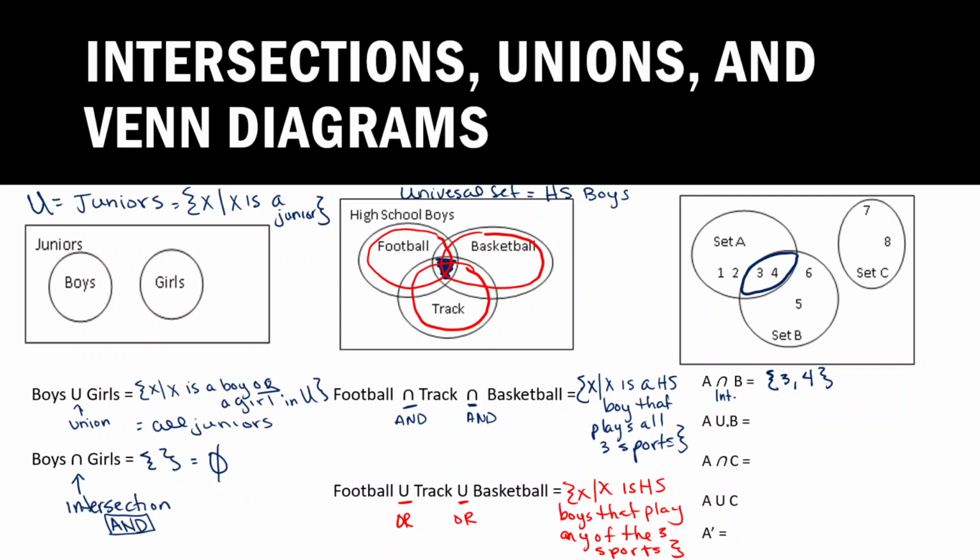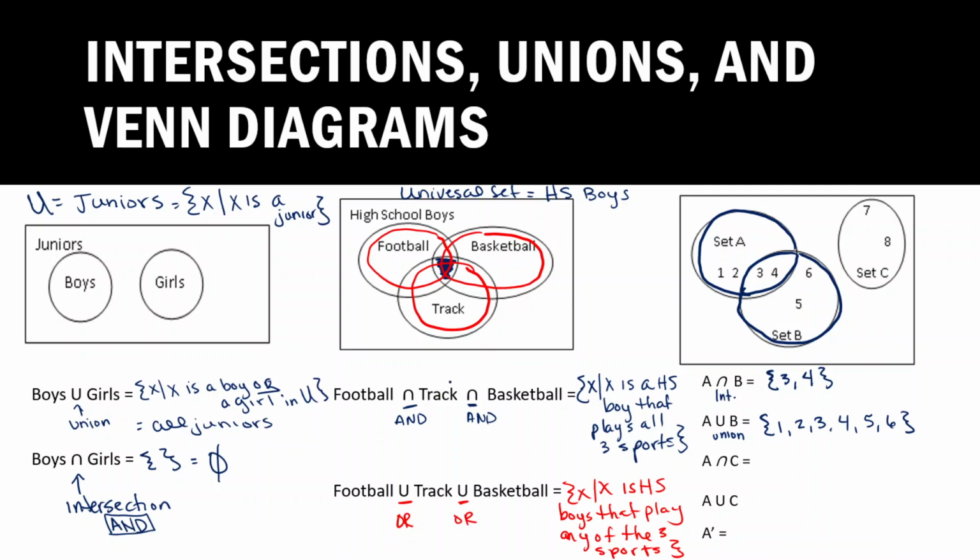If I want the union, if I want to do A or B, now I'm going to take all of A and all of B, and I'm going to list all of those. So 1, 2, 3, 4, 5, and 6. So unions just take everything from both sets and put them together. Now I do not have to repeat. The 3 and the 4 are in both sets. I don't have to list them twice.